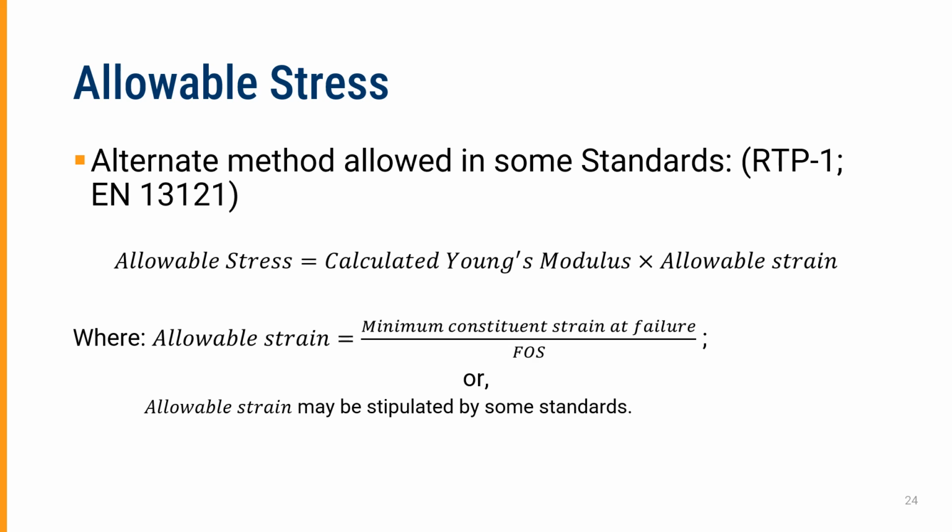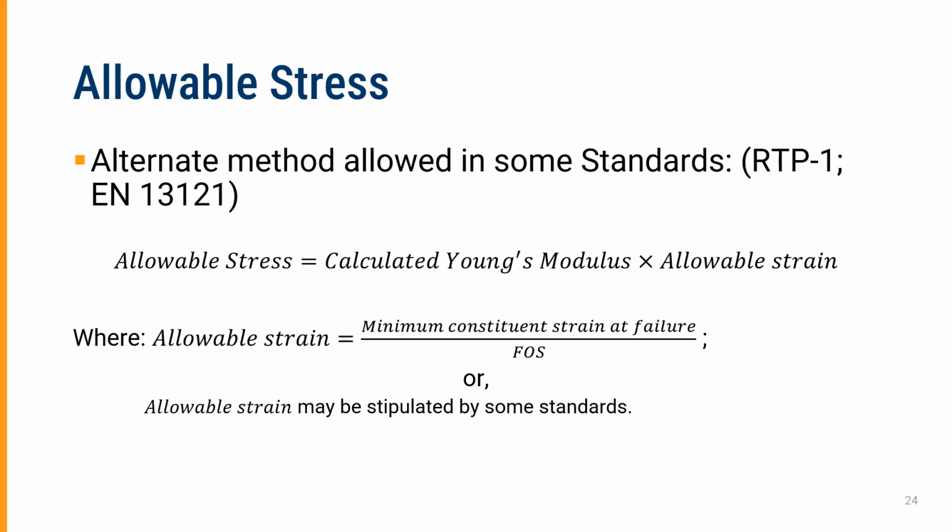And we'll cover calculating the Young's modulus later, because if you can't determine the tensile strength for some reason, and it could be because you can't get a sample of the material, you can calculate and provide a modeled version of the Young's modulus, and of course determine what the allowable strain is.